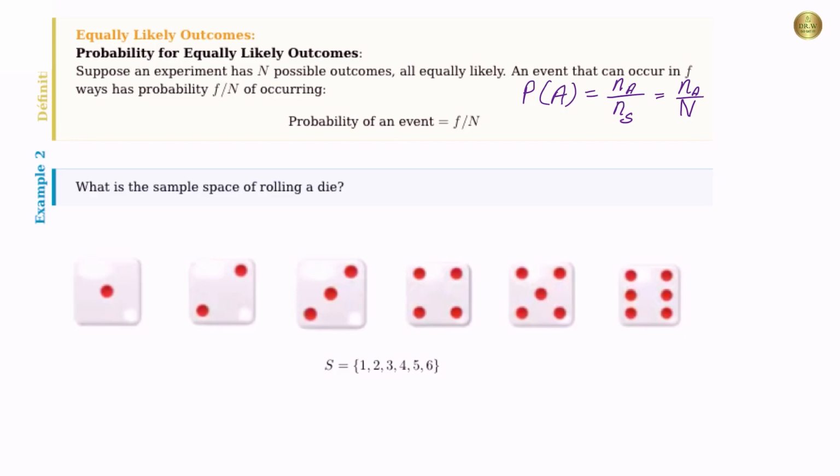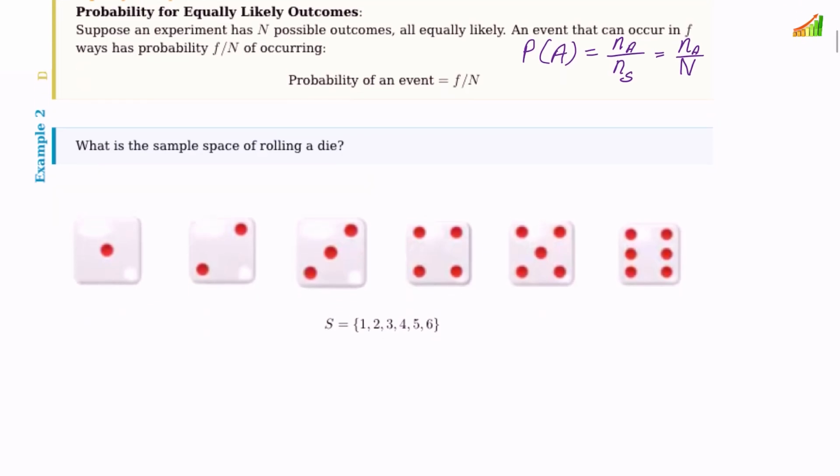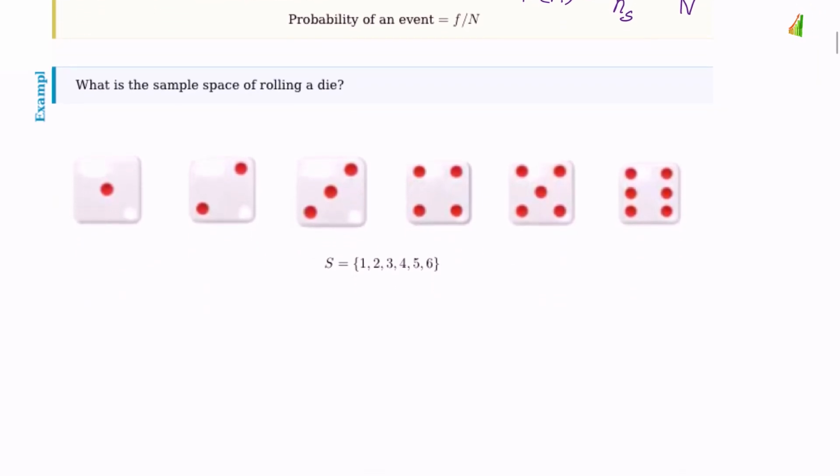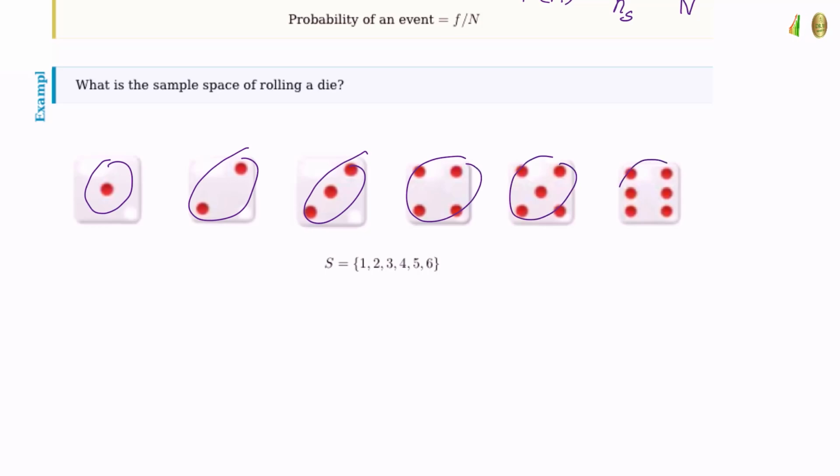So example 2. What is the sample space of rolling a die? It is a 6-sided die, so 1, 2, 3, 4, 5, 6. These are all the possible outcomes we can expect. Therefore, we can write the sample space S = {1 to 6} like this.